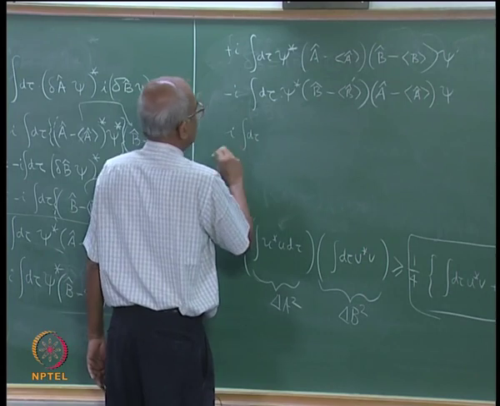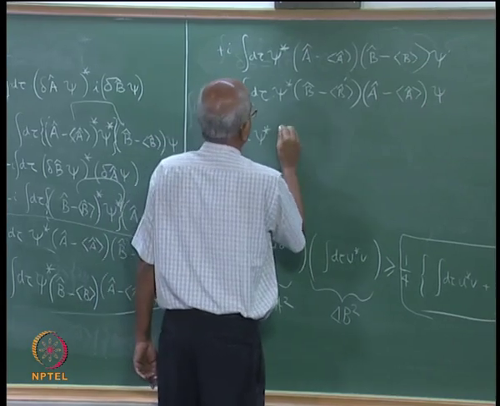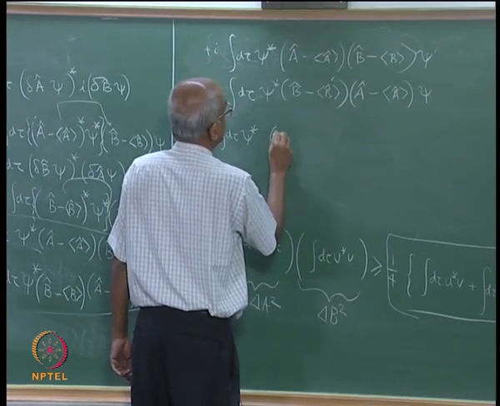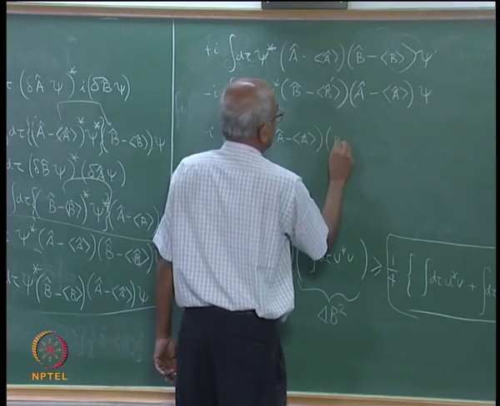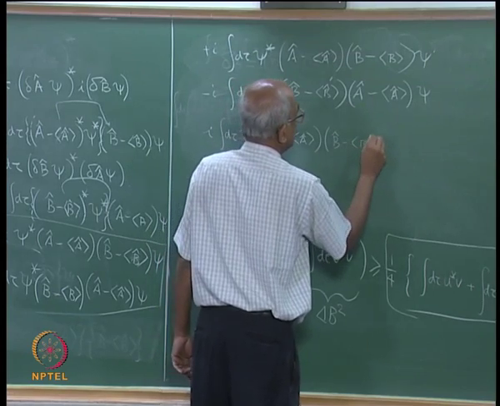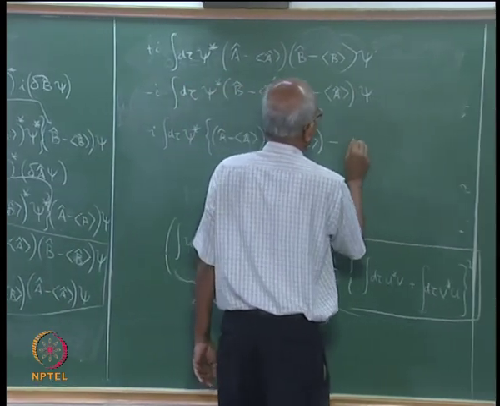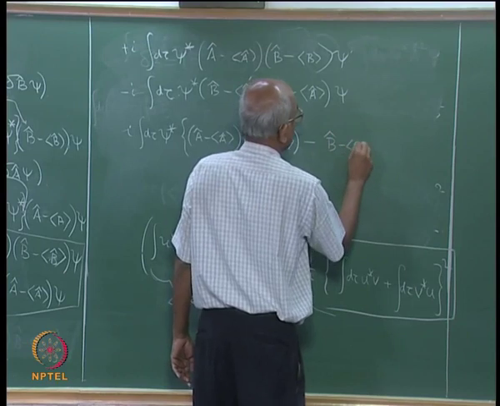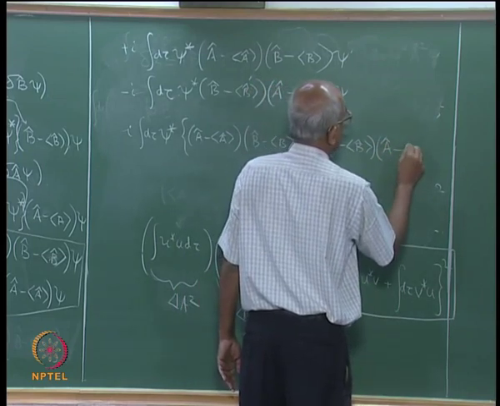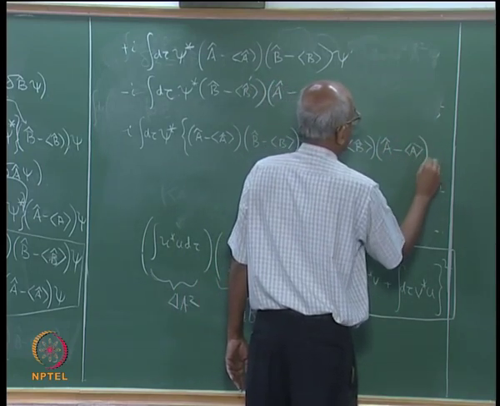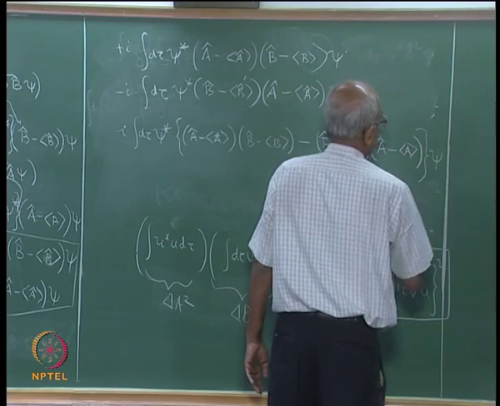So, let me take a d tau psi star, and then you will have this product (a minus expectation value of a) into (b minus expectation value of b) minus, I am combining the two terms, so this is what results.